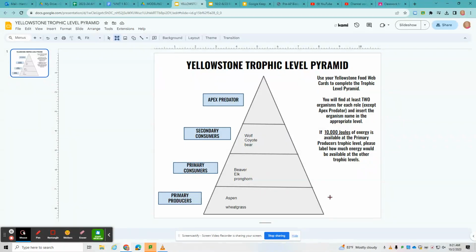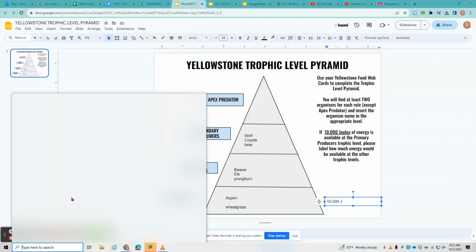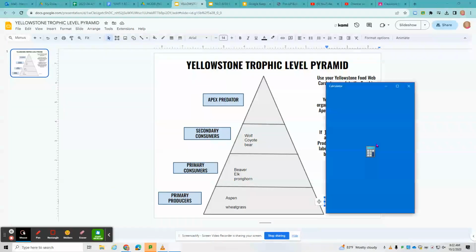So what we have is, if 10,000 joules of energy is available to the primary producers right here, we're going to multiply that by 0.10. Let me see if I can get my little calculator up here for you to see how this works.